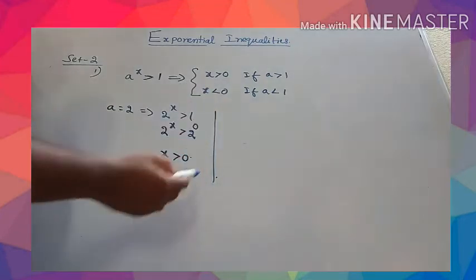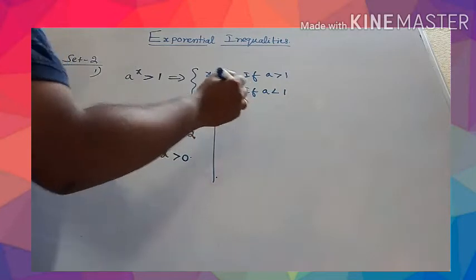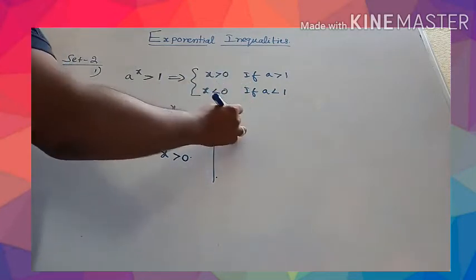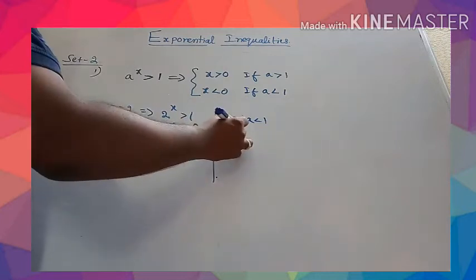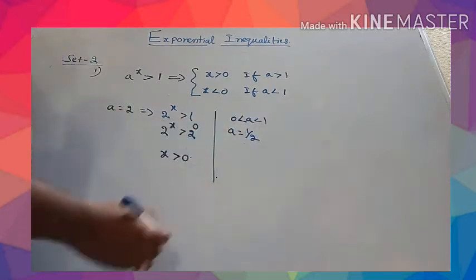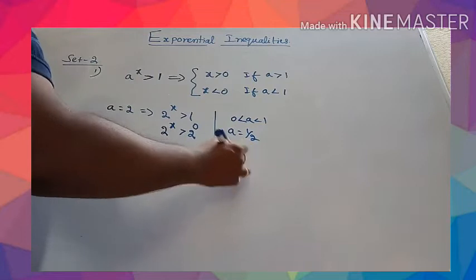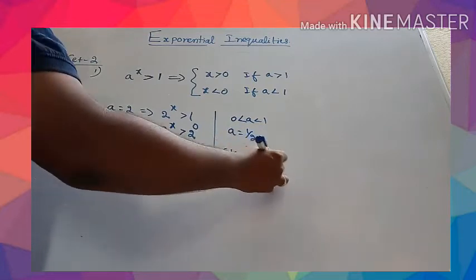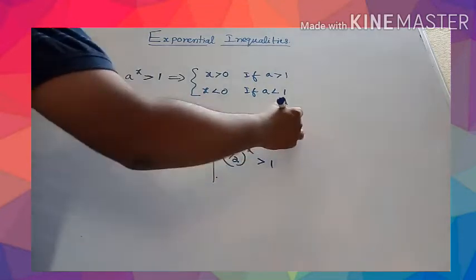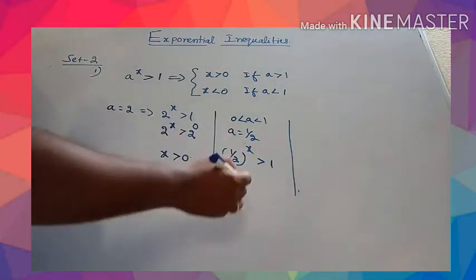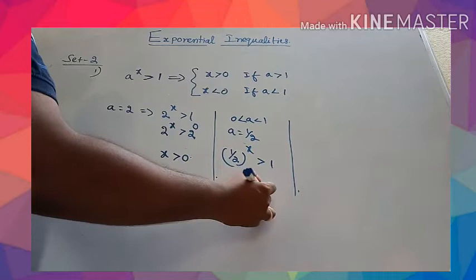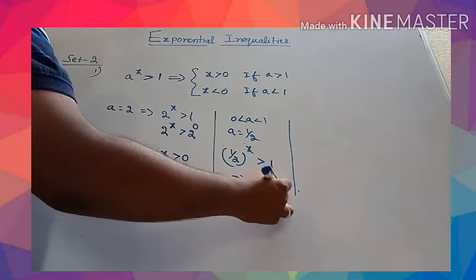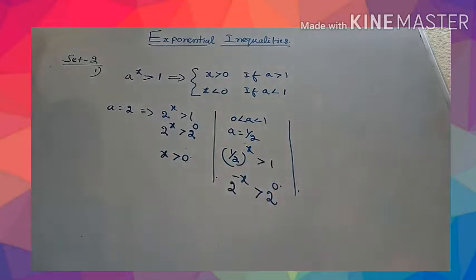In the same case, when a is less than 1, that means a cannot be negative, but it lies between 0 and 1. Take a equal to 1/2. Now (1/2)^x is greater than 1, right? You can write (1/2)^x as 2^(-x), which is greater than 2^0.